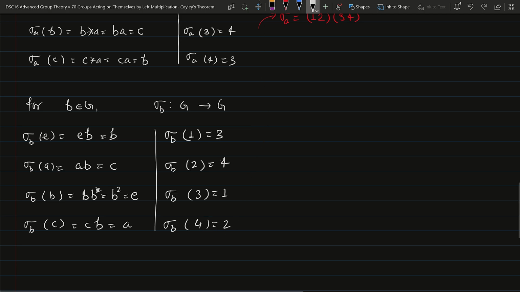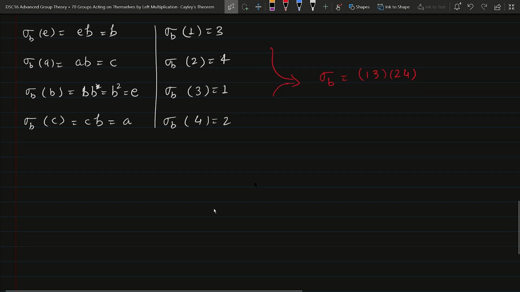So sigma b will be the same as 1 goes to 3, 3 goes to 1, then 2 goes to 4 and 4 goes to 2. So it is like (1 3)(2 4). So this is the sigma b permutation, or you can say the induced permutation by b.